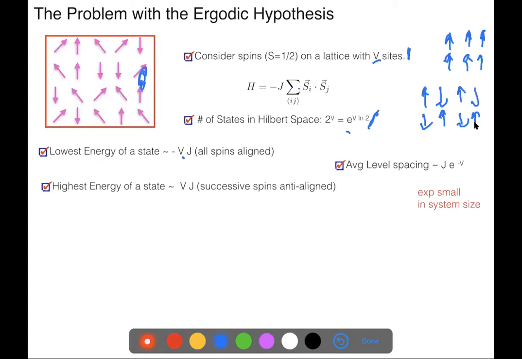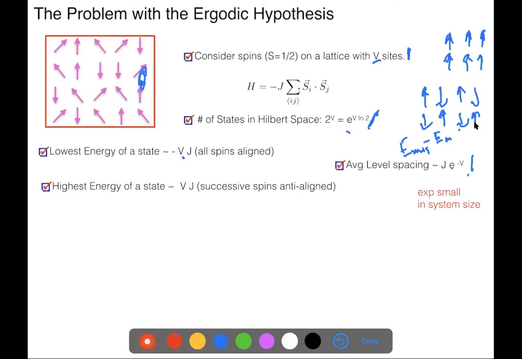And that means the average level spacing, if I take E_m and E_(m+1), the next state, and take its difference and ask what is the discretization between these on average. I mean, this will be different at different parts of the spectrum. You will basically see that this should scale as e to the power minus V, which means that your states are really, really close in energy, at least somewhere in the middle of the spectrum.